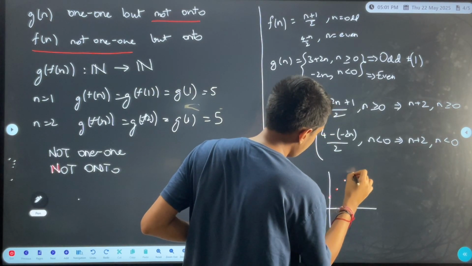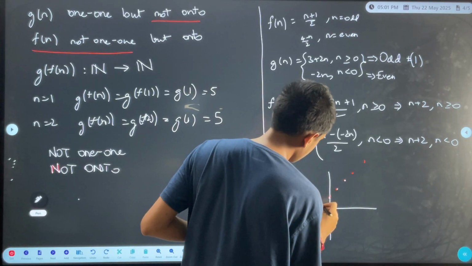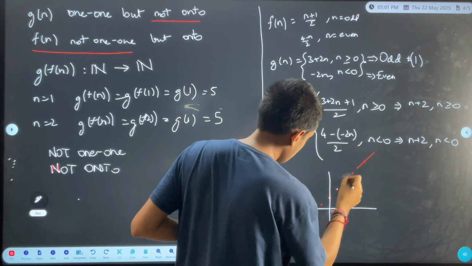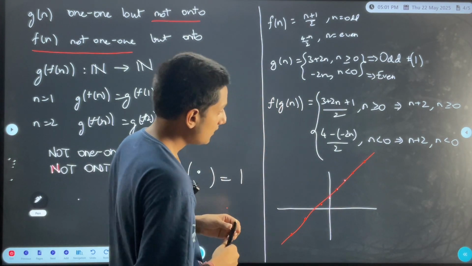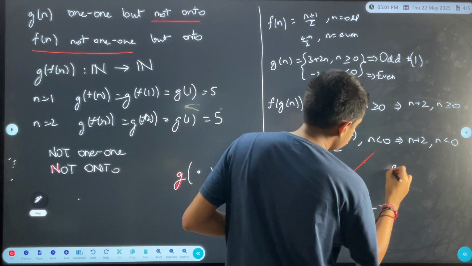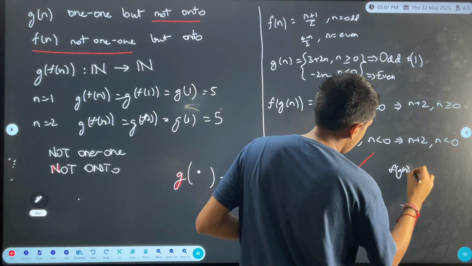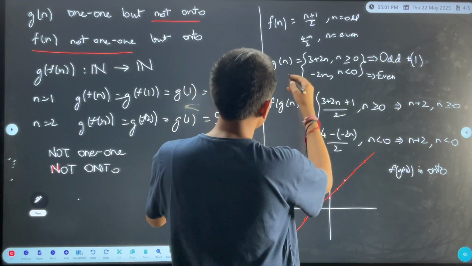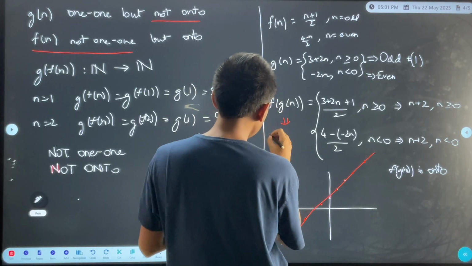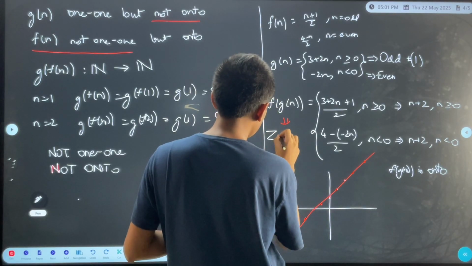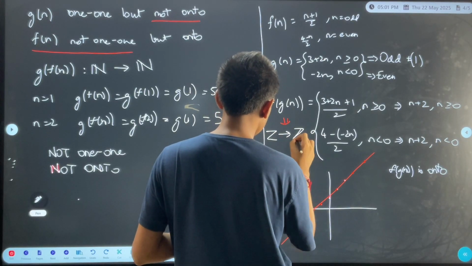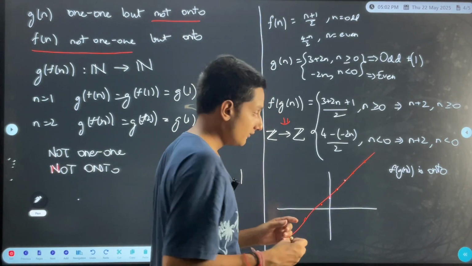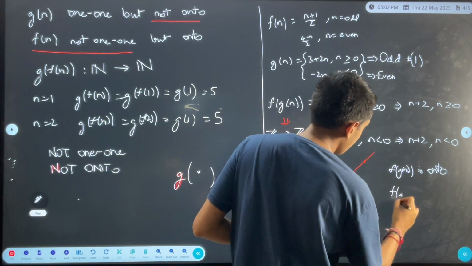where it will be taking all the integral values from minus infinity to plus infinity along the line n plus 2. So that means f of g of n is onto, as the function is defined on Z to Z. Also, f of g of n will be 1-1.